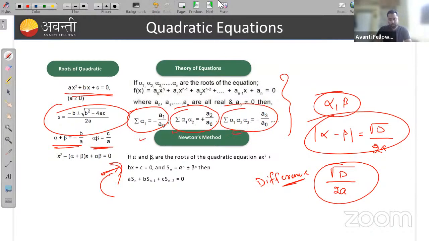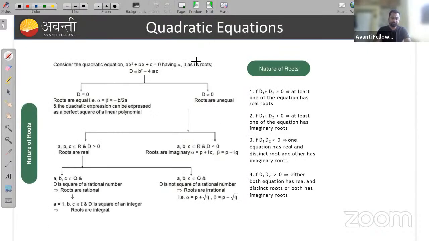So mostly now we'll see the nature of roots. All of you know what the nature of roots is. If you have a quadratic equation, the nature of roots depends upon the discriminant of the quadratic equation, right? So what is the discriminant? Discriminant is b square minus 4ac. There are two cases arising.